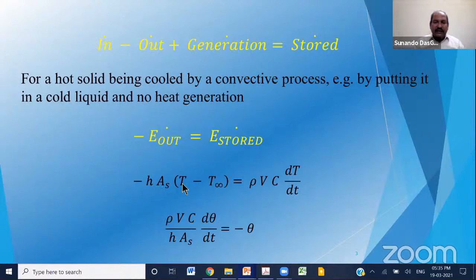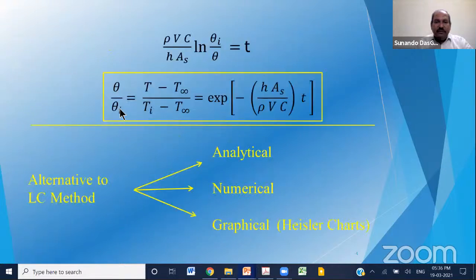So A_s is the surface area, T is the temperature of the ball at any given instant of time, T infinity is the constant temperature, and rho V, that means m, Cp, where C is the specific heat, and dT by dt would give you the rate of energy stored in the ball. So this becomes the governing equation for the transient heat transfer process, which you can integrate to obtain the variation of temperature as a function of time.